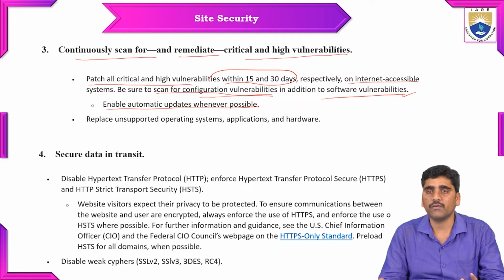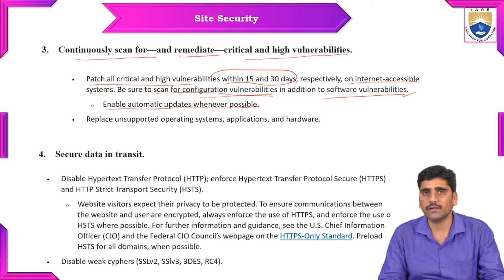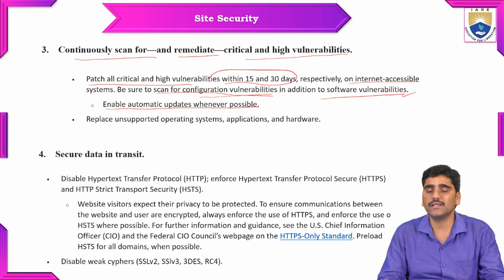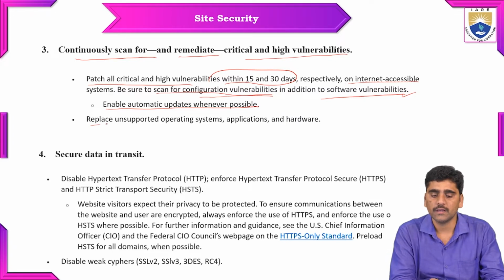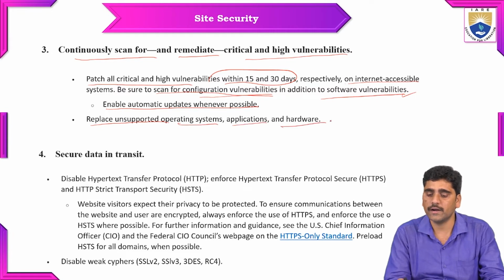If automatic updates are enabled, the updates are going to change the entire configuration of the system or the website, so that there is less chance of high vulnerabilities occurring. And replace unsupported operating systems, applications and hardware.